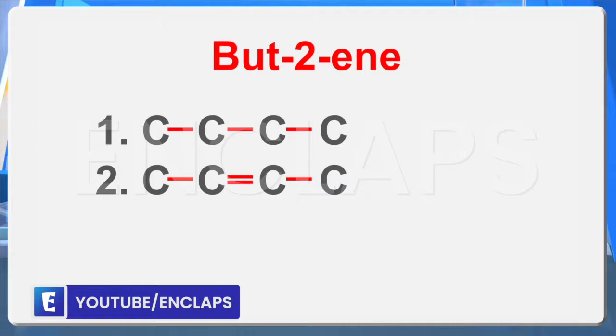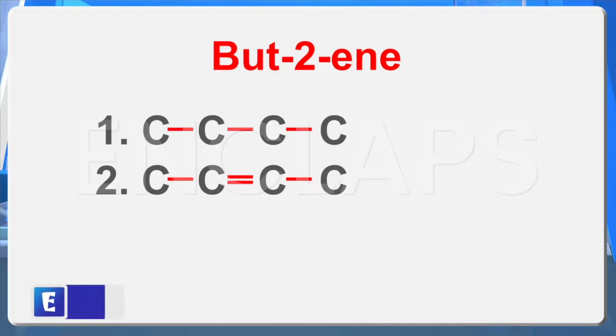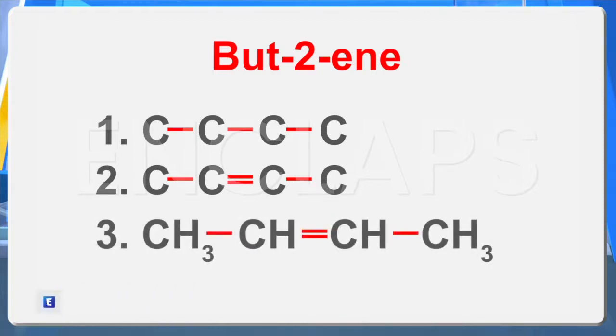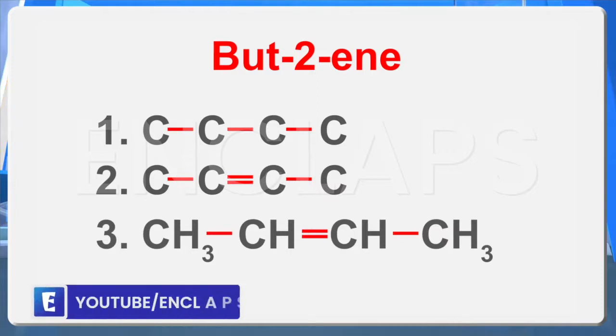Next, we have to fill in the hydrogen atoms according to the valency of the carbon atoms. So, we get the structure CH3, CH, double bond CH, CH3. So, we get the structure of the compound.